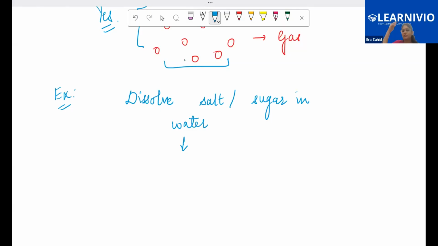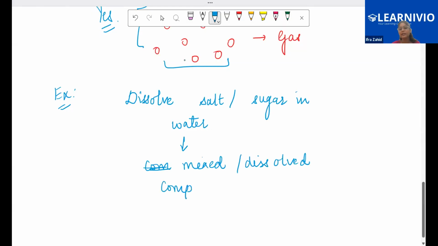Yes, when you mix salt or sugar in water, it gets completely mixed, or you can say dissolved, and it completely disappears, right? Now, where is this salt going? When you say that it is dissolved in water, where has it disappeared?